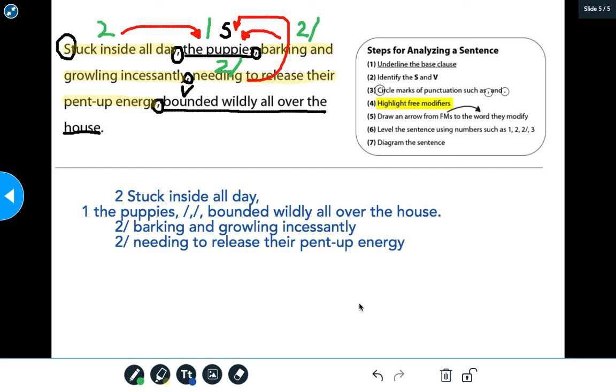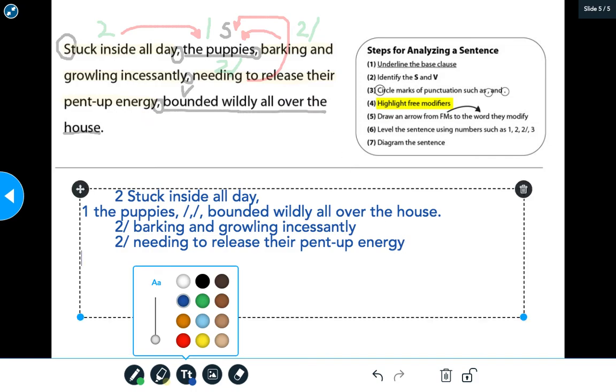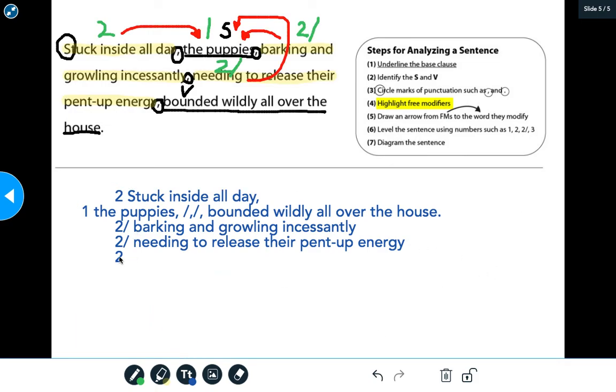That's how you diagram medial modifiers. You can tell this is a medial modifier. In the diagram, it looks like these two slashes come after the base clause, which is part of the reason why there's a slash mark with the medial modifier, because if you just had this plain old 2, you can see that there's a very clear difference between this 2 and this 2 slash.